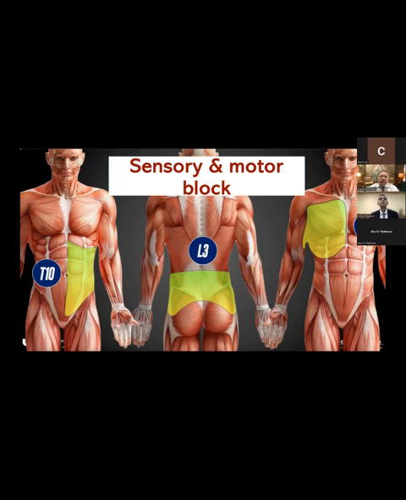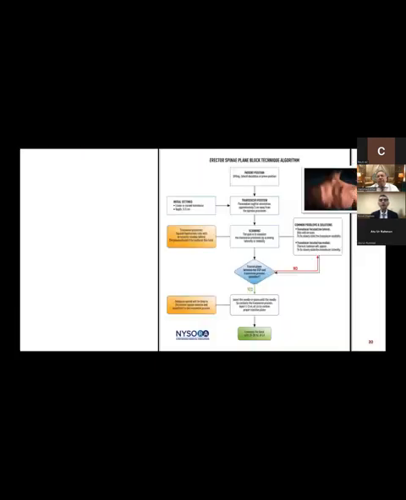For radical nephrectomy or PCNL, T10 or T11 is the usual place to do this block. The erector spinae plane block has also now been started in lumbar spine surgery, at the L2, L3 transverse process, for pain management.